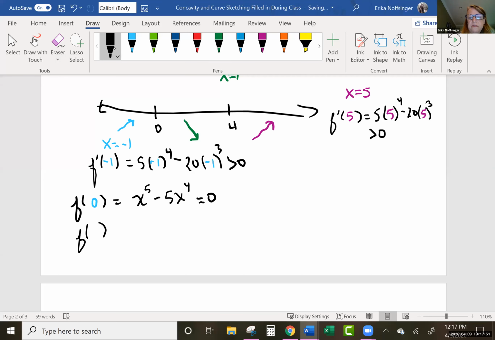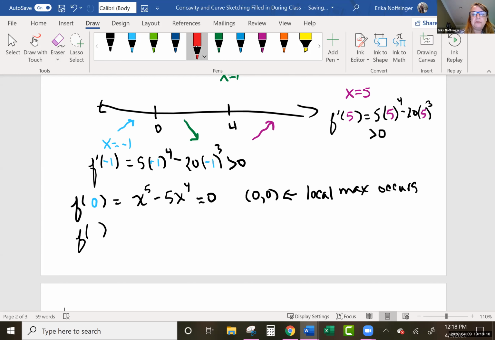So we have 0, 0 is where a local max occurs. And so at 4, if we plugged in 4 wherever we saw an x, we would get 4 to the 5th minus 5 times 4 to the 4th.